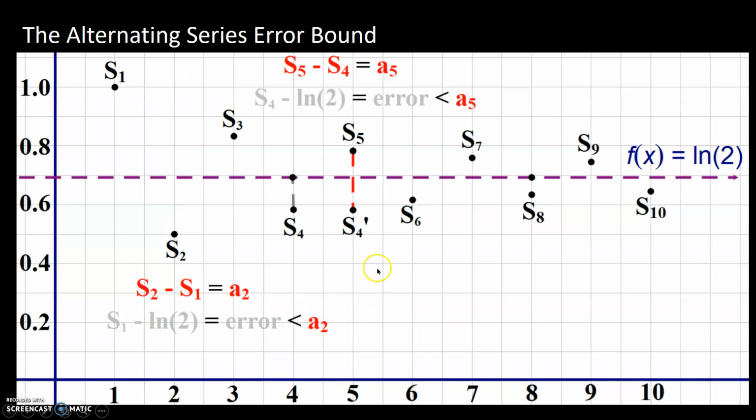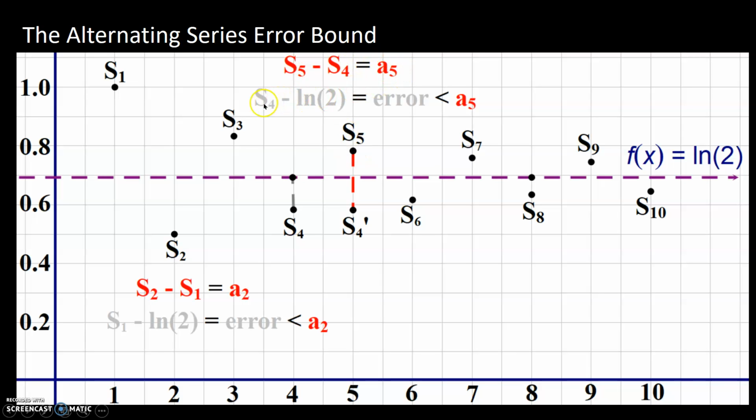Okay, let's do it again. We're going to do 3 of these just to really hone in on a pattern. In this case, the fourth partial sum's error to natural log 2 is definitely smaller than this red line. And the red line represents the distance between the fourth and fifth partial sum, which is A5.